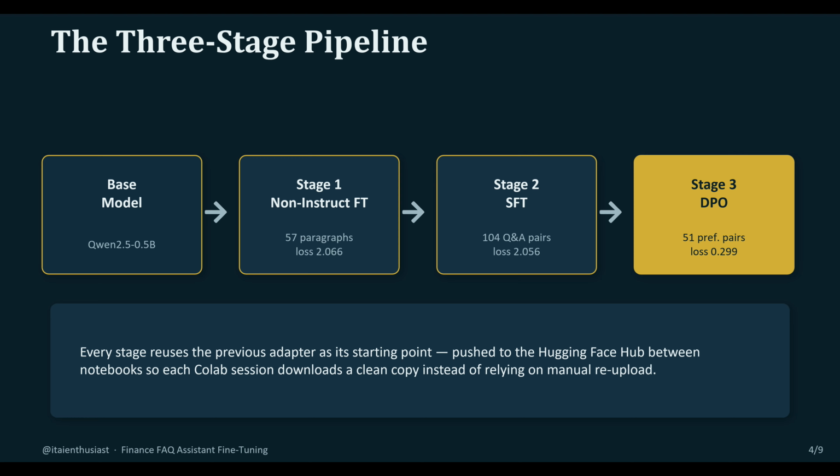To fix it, push every adapter to the Hugging Face hub at the end of each notebook and download it at the start of the next one. Much more reliable than manual zip upload. However, we are also doing the same thing with the zip, downloading and uploading.